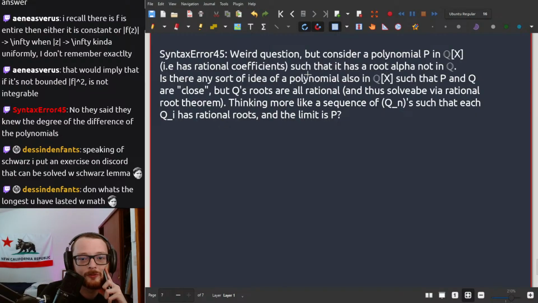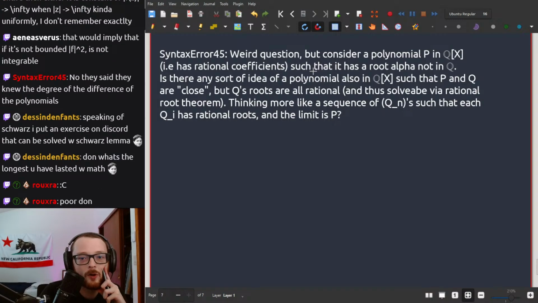If x has rational coefficients, it has a root alpha not in Q. Oh, okay, sure. You can have rational coefficients that result in irrational roots. Is there any sort of idea of a polynomial also in Q of x that is close, but all of Q's roots are rational? Huh. I feel like there's something there, syntax.